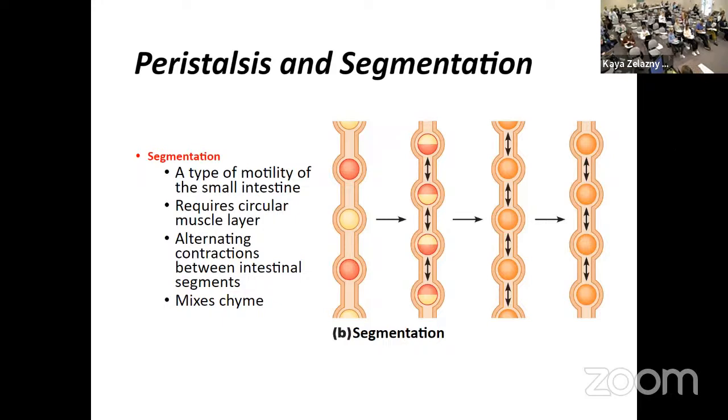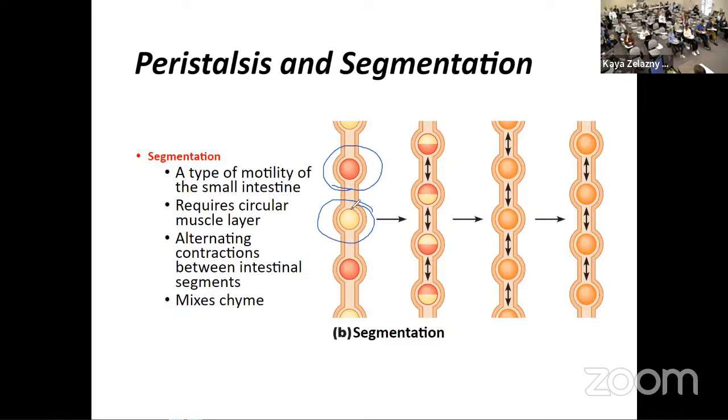And basically what we're doing here is instead of moving the ball of food just forward, we're jiggling it back and forth a little bit. Okay, so we're going to be alternating contractions between intestinal segments. If we imagine one chunk of food here, one chunk of food there, we're going to have a lot of circular muscle contractions, pushing both back and forwards until we get mixing between those two compartments.